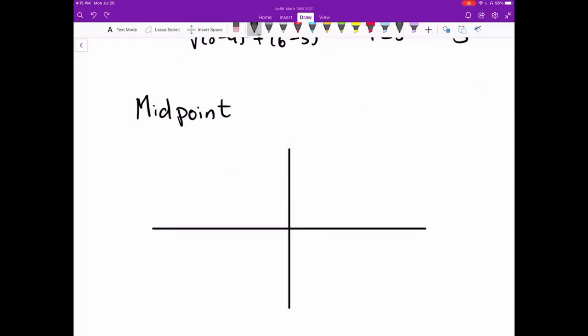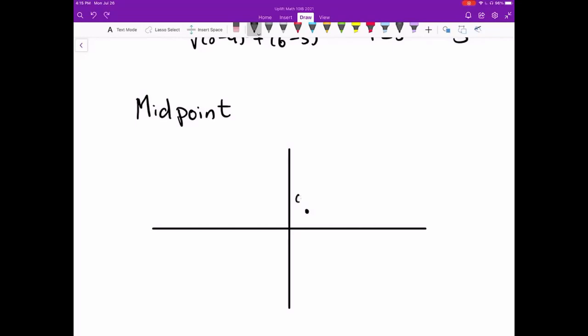The midpoint would be halfway between them, so the x would be half of the distance, and it's the average between the x's and the average between the y's. We can just draw 2 random points. Doesn't have to be anywhere, it's just an example.